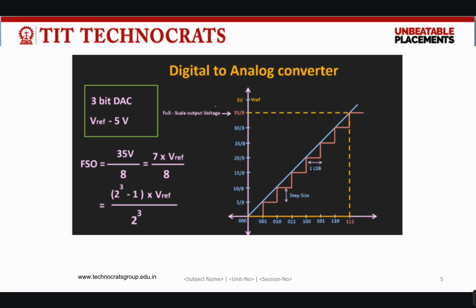So for a 3-bit DAC it is (2 to the power 3 minus 1), that is 7, into V reference voltage, here 5 volt, upon 2 to the power 3, that is 8. So full scale output can be calculated as 35 volt upon 8.